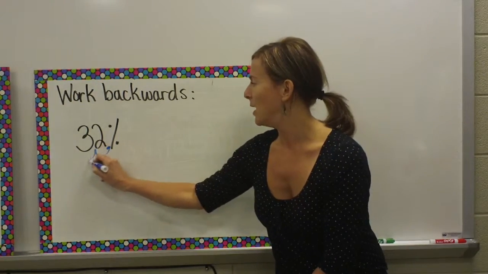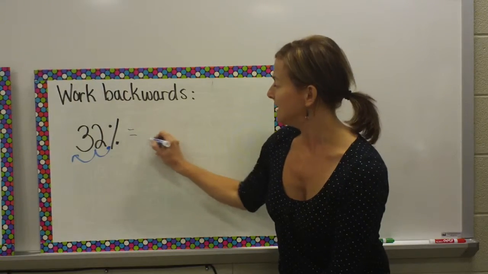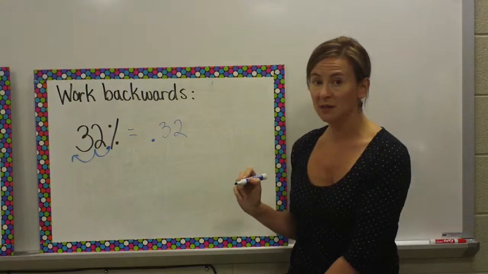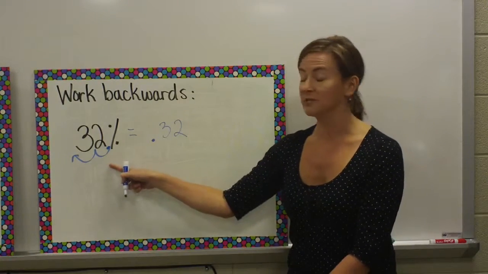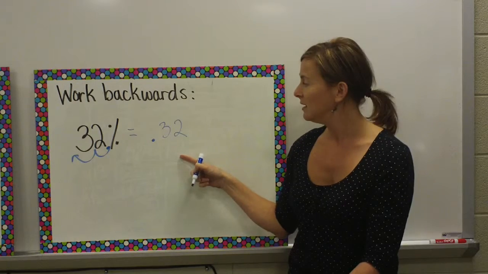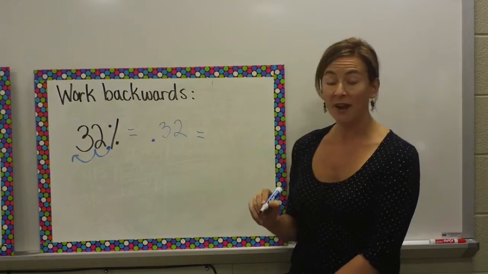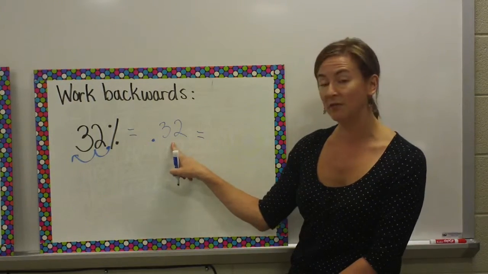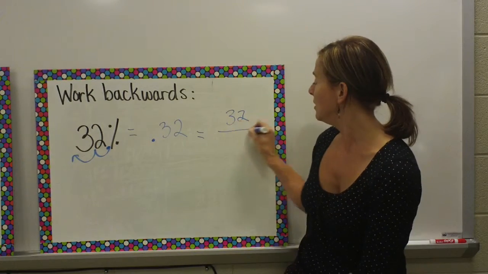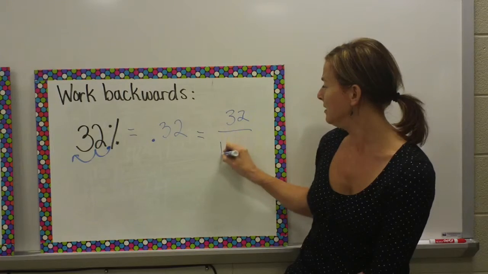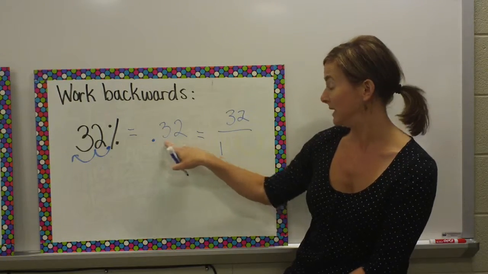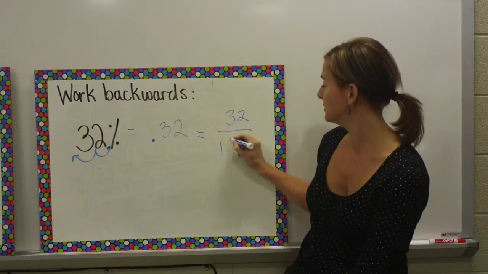If I go back 1, 2, my decimal will be 32 hundredths. That makes sense because a percent is always out of 100, so 32 out of 100. Then, to write my fraction, remember, in going from a decimal to a fraction, we simply write the number over a 1, and then however many decimal places would be the number of zeros.